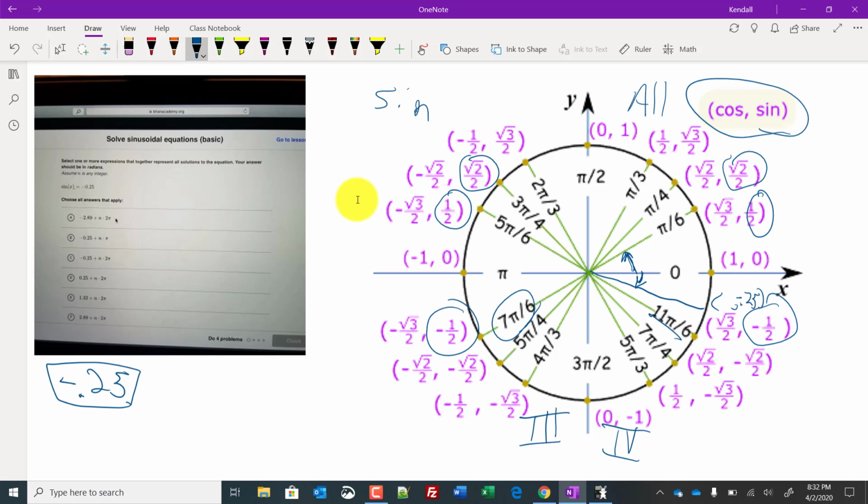I don't know what that number is, but approximately negative 0.25 would be the sine of it. Now if you can imagine taking that line and flipping it across the y-axis, we get a similar line over here. What's similar about this red line that I drew and the blue line? The distance from here to here is going to be 0.25. What we're looking for, though, is the actual distance measured from this line all the way around to here.